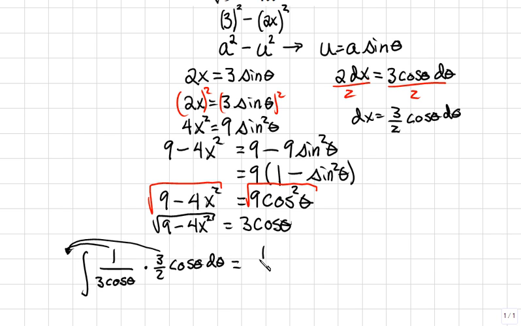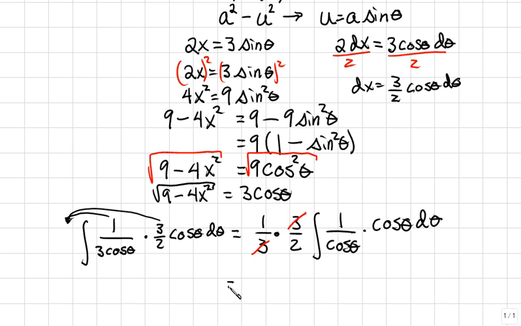So this will become 1 over 3 times 3 over 2 times the integral of 1 over cosine theta times cosine theta d theta. We see we can simplify. Since in the fractions 3 cancels into 3 once, we're left with a fraction of 1/2. And we see also that the cosine thetas will cancel, leaving the integral of 1 d theta.